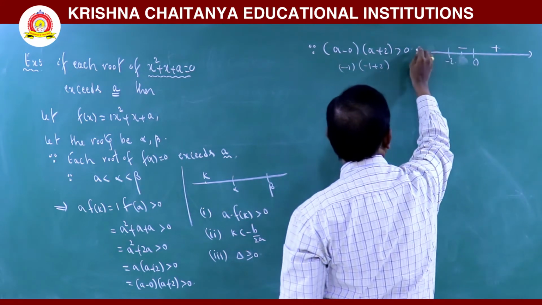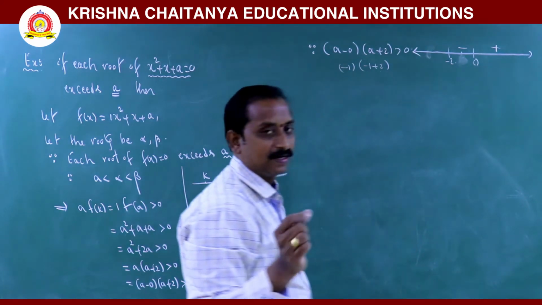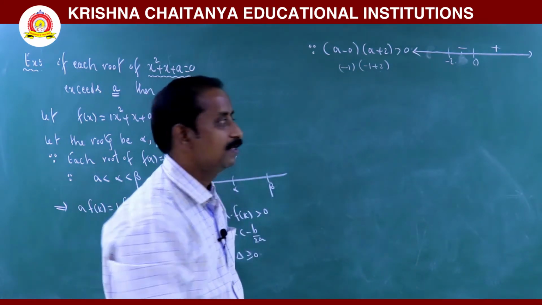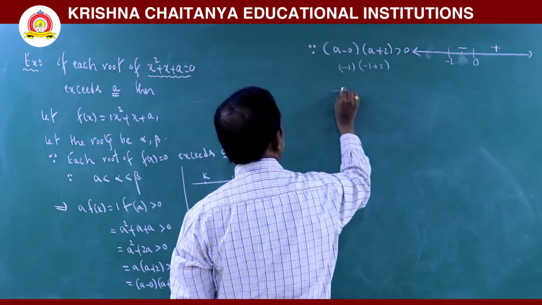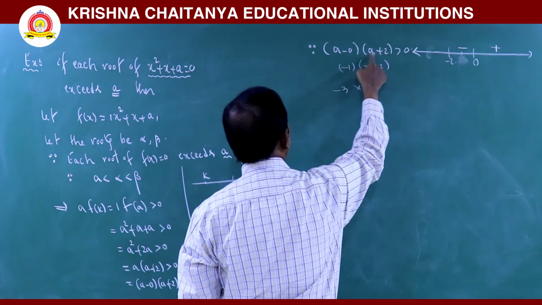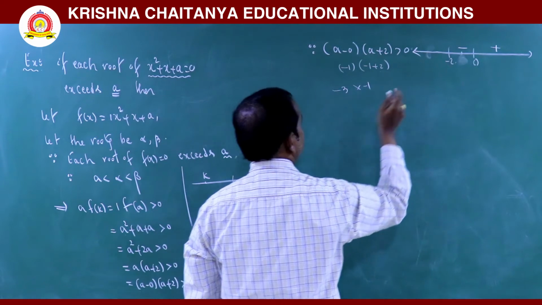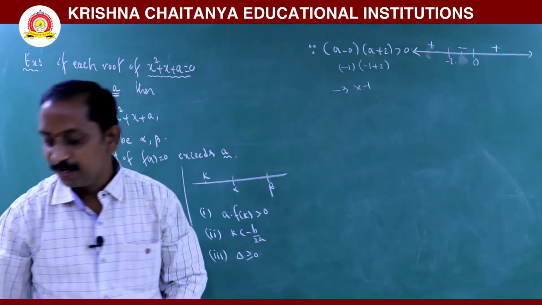Now, consider less than minus 2. Less than minus 2 means I can consider minus 3, minus 4, minus 5, whatever it may be. Let us consider minus 3. So, this is minus 3 into minus 3 plus 2, which is minus 1. Minus 3 into minus 1 is 3, which is positive. So, what is our condition?